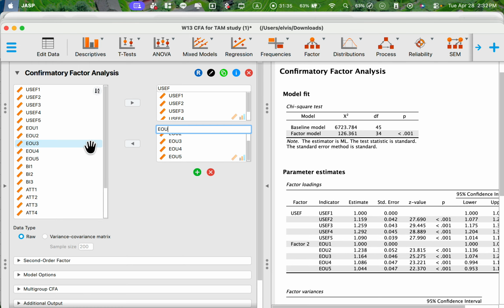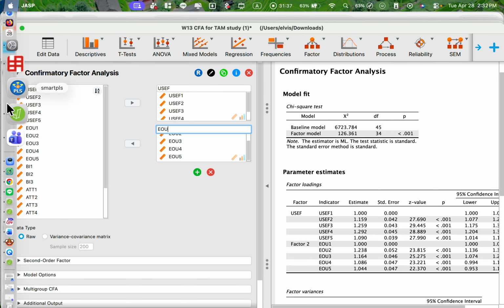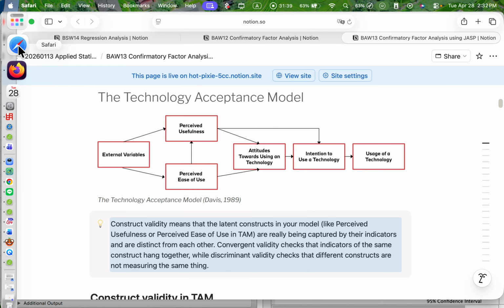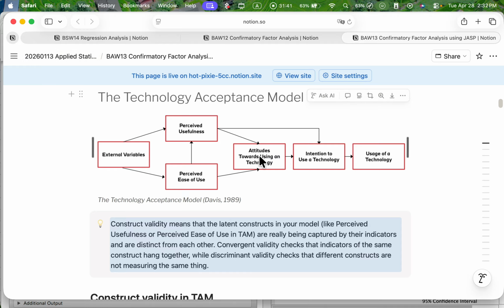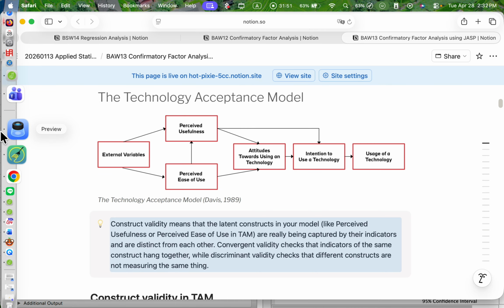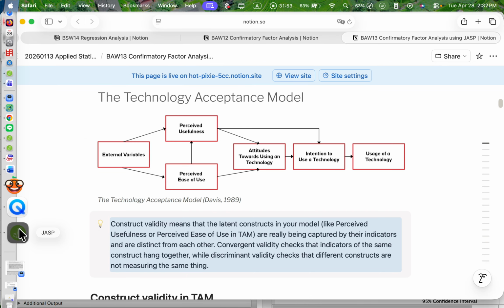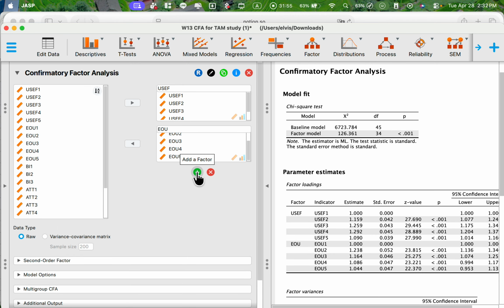Okay, we still have other constructs. For example, we have attitude, we have intention, we have usage, right? We still have 3 constructs: attitude, intention, and usage. Now add a factor. Let's do factor 3.